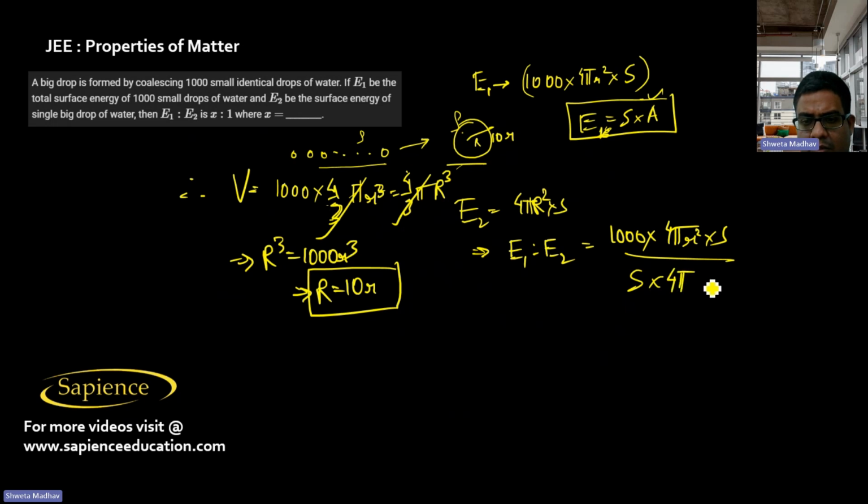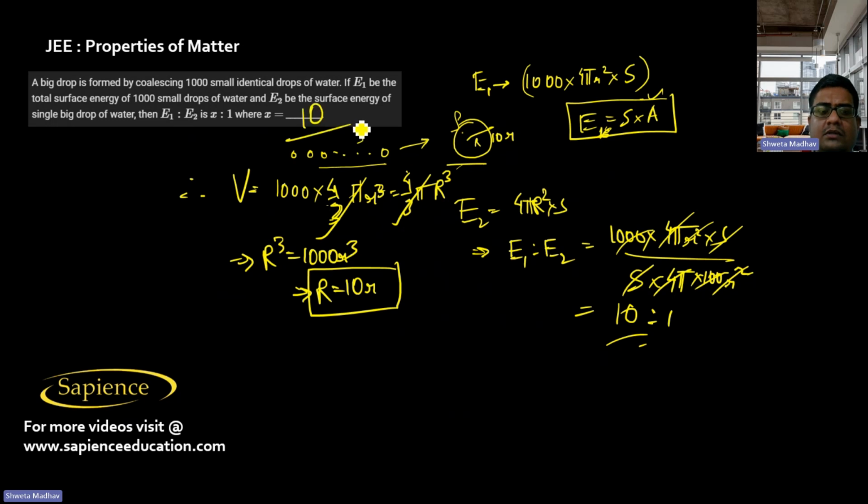Now capital R square will be 100 r square, since R equals 10 r. S will cancel, 4 pi will cancel, r square also will cancel, 100 and this 100 will cancel. So it is equal to 10. So E1 is to E2 will be equal to 10 is to 1. So the value of X will be equal to 10.